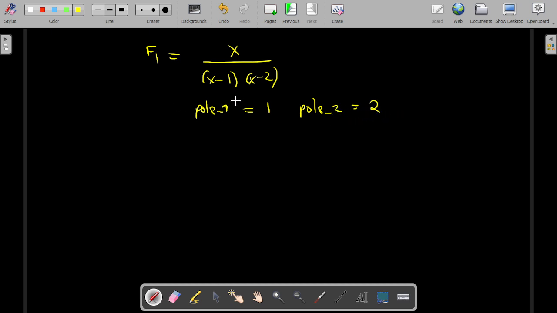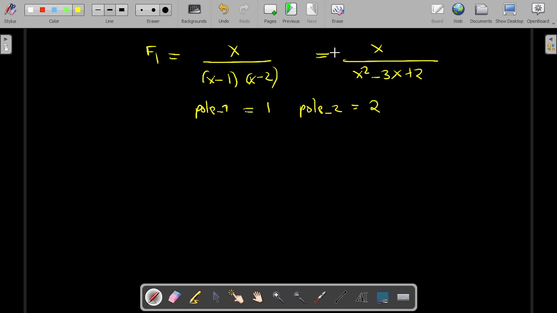Now what we're going to do is take the derivative of b. We might want to rewrite our denominator in the following way: x squared minus 3x plus 2. That is, we expand. Instead of it being represented as a product of two linear factors, we give the quadratic expression.